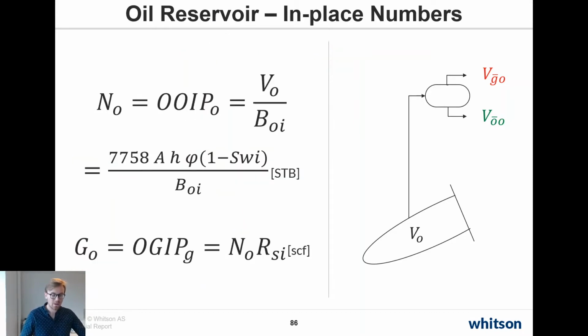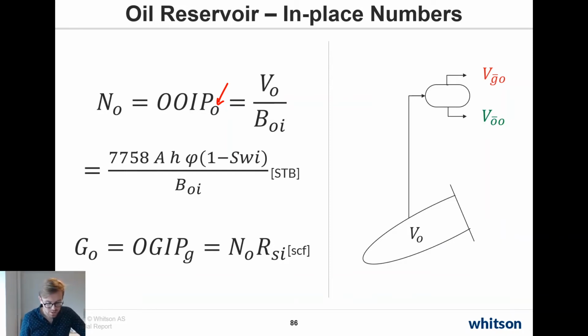And as you see on the next slide, we have original oil in place. But here it's important to note that we're also using the subscript O here, because we can have original oil in place originating from the reservoir oil. But as we'll see later, we can also have original oil in place originating from the gas phase, which is accounting for that condensate that is in solution.